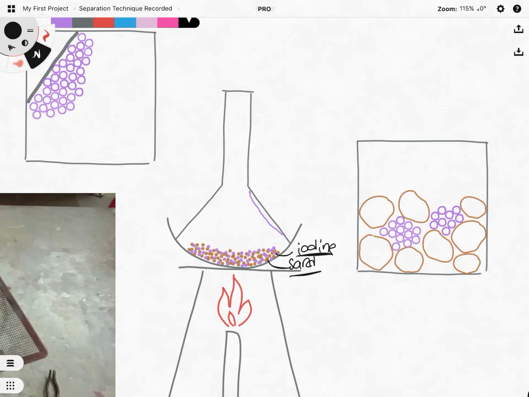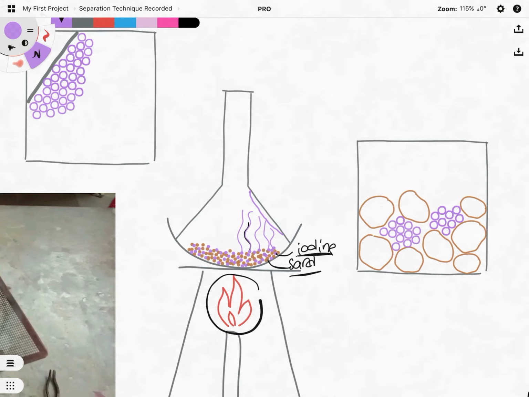Let's try sublimation. Well, how does sublimation work? Iodine actually sublimes. Meaning to say, just like carbon dioxide, if you supply a little bit of heat, it immediately turns into gaseous state. But we have a problem.